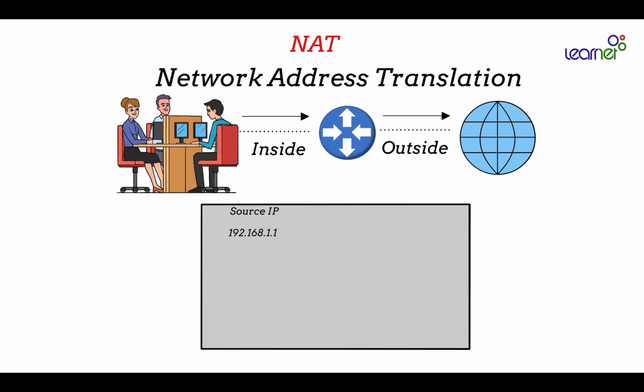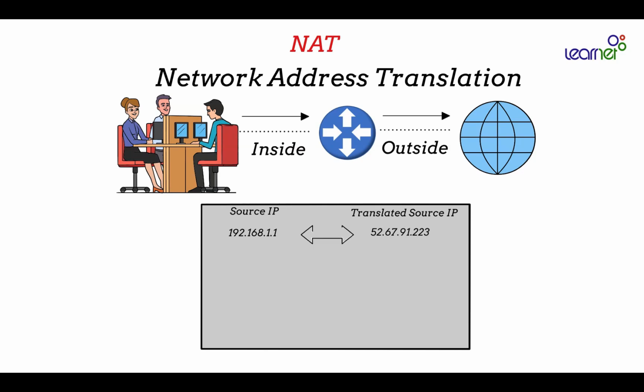Based on the public IP addresses you purchased from your service provider, you configure this NAT and say to the router, hey router, if 192.168.1.1 came from inside and wants to go outside, then change the source address from 192.168.1.1 to 52.67.91.223.